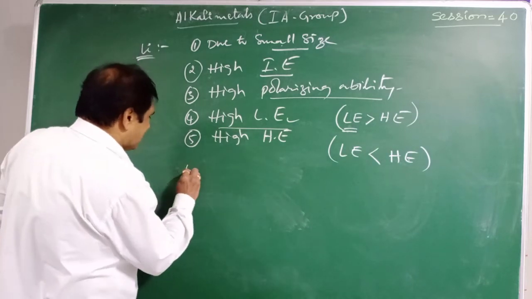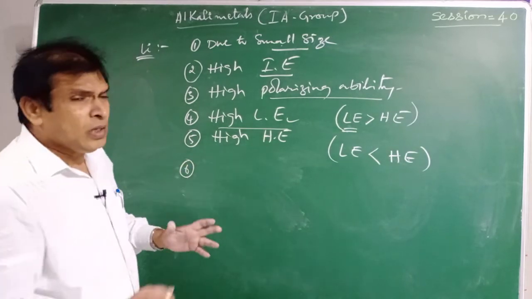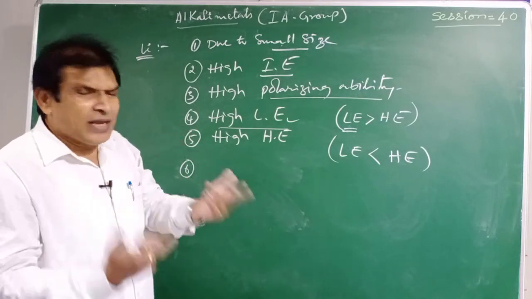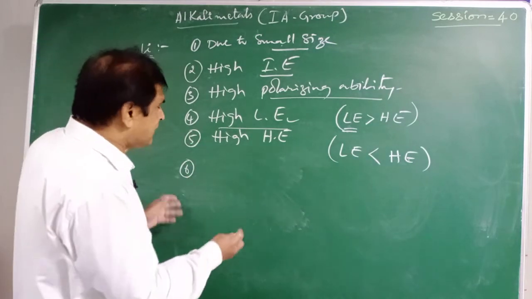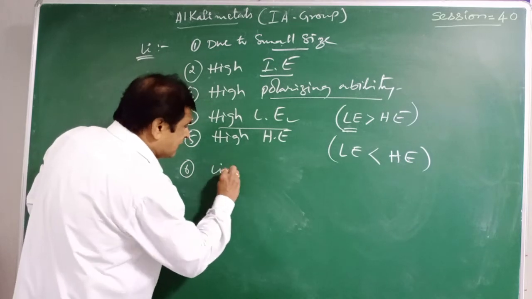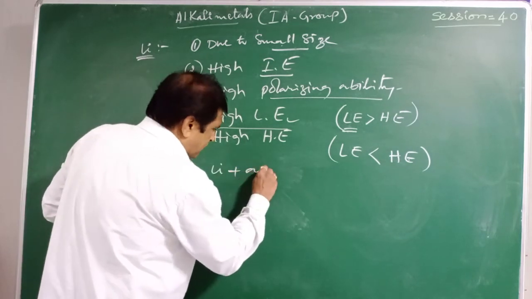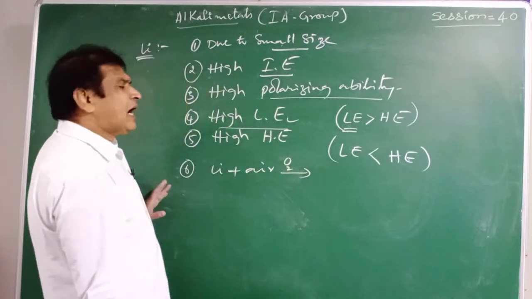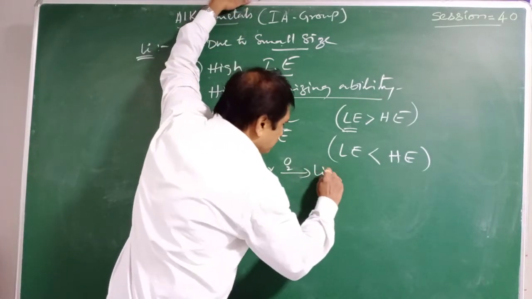And we can also say that, due to small size, lithium can react with atmospheric air. When lithium metal is heated in air, it reacts with oxygen directly and forms lithium oxide, Li2O.